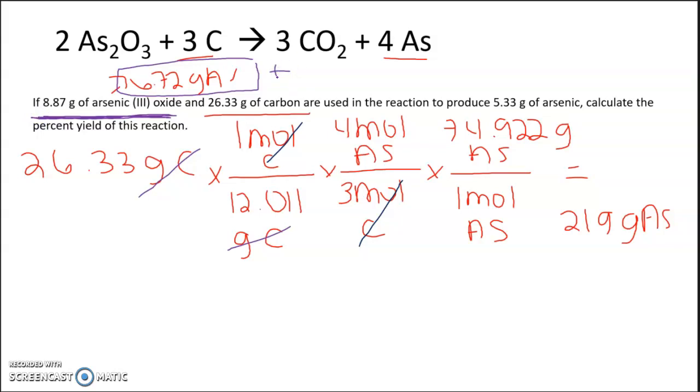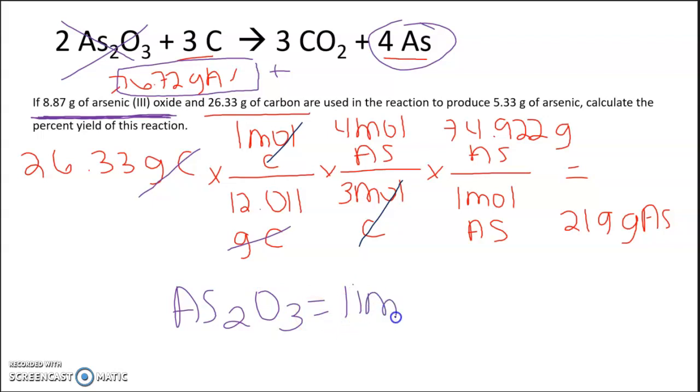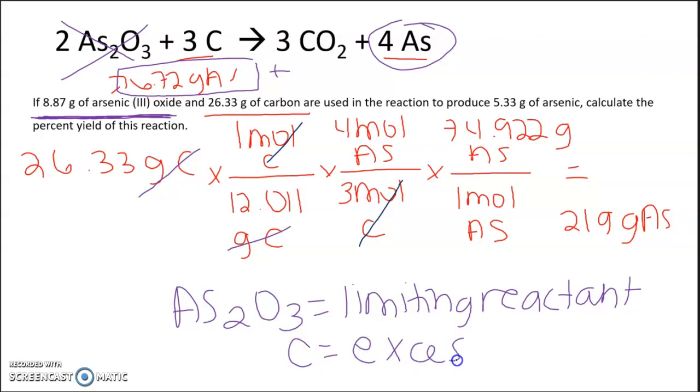Once you make 6.72 grams of arsenic, you don't have any more arsenic(III) oxide. So this reaction can't keep going. You have run out of a reactant. So that means As2O3 was my limiting reactant, because it is the one that's going to run out first. We have no more arsenic oxide to use. It's gone once you make those 6.72 grams. And carbon is my excess reactant.